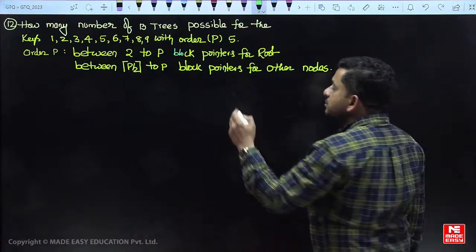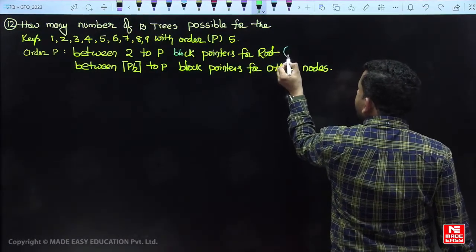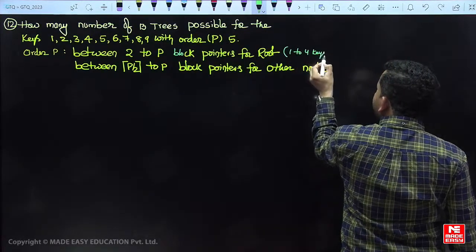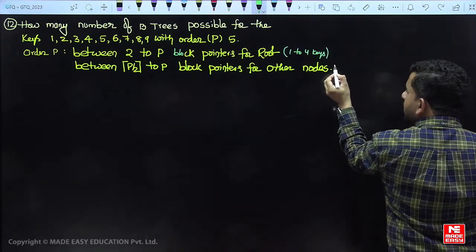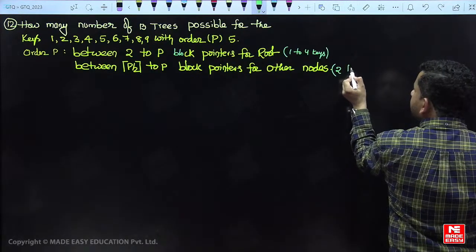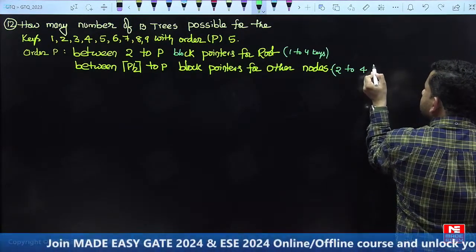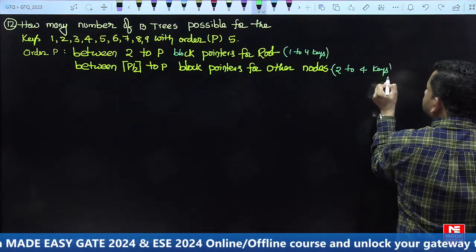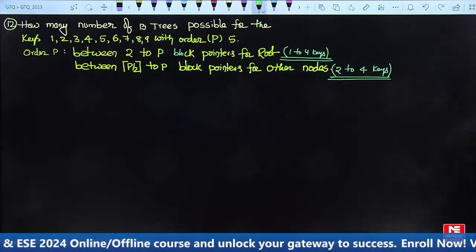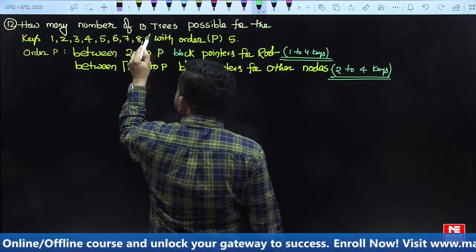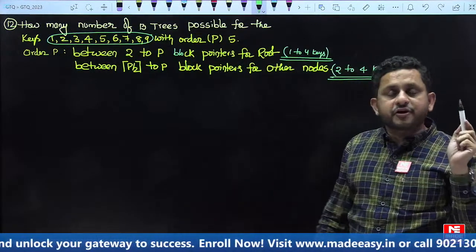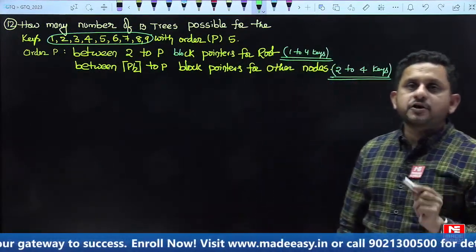It means minimum 1 and maximum 4 keys for the root node, and for other nodes P by 2 ceil is 3, so minimum 2 and maximum 4 keys for the remaining nodes. The question is, if you have 9 distinct keys, how many different possible B trees?